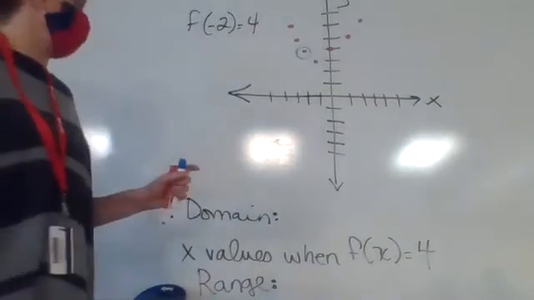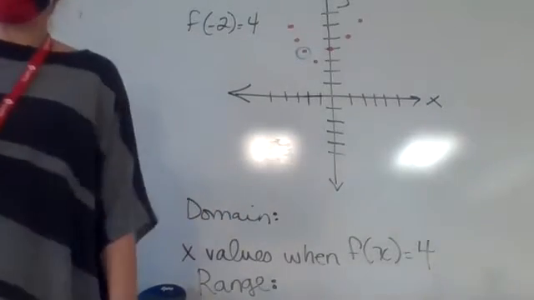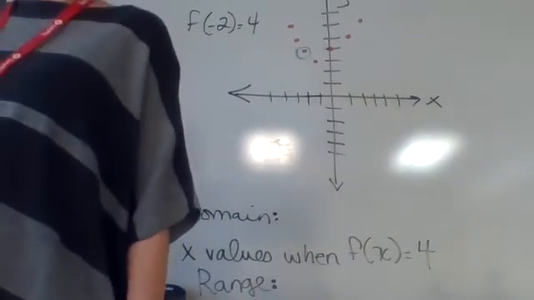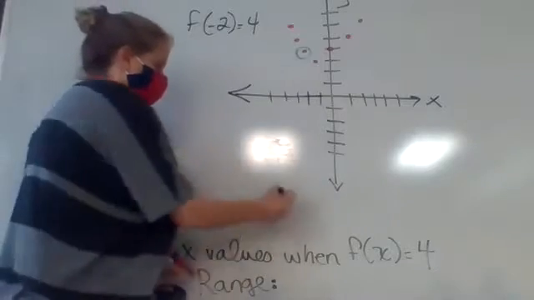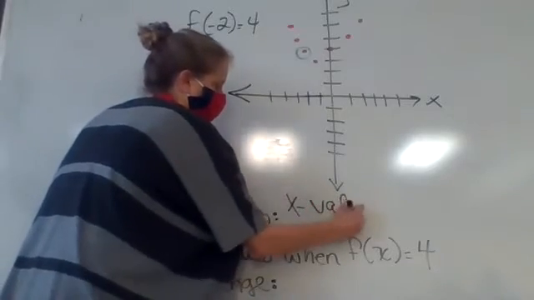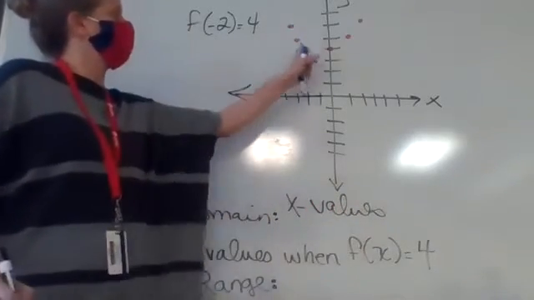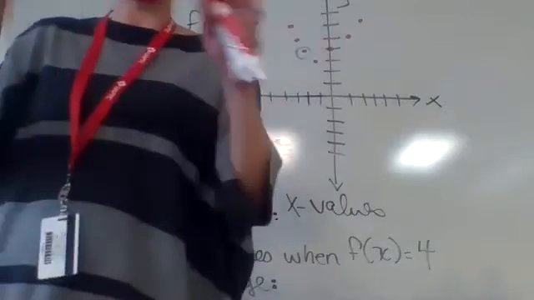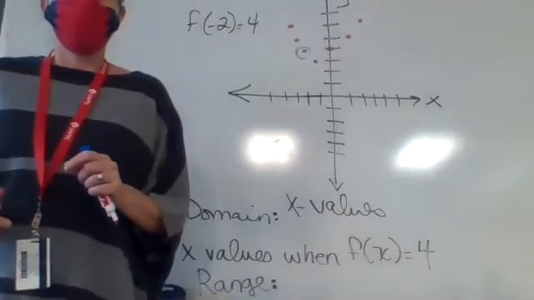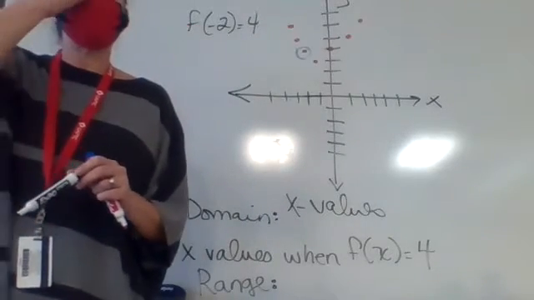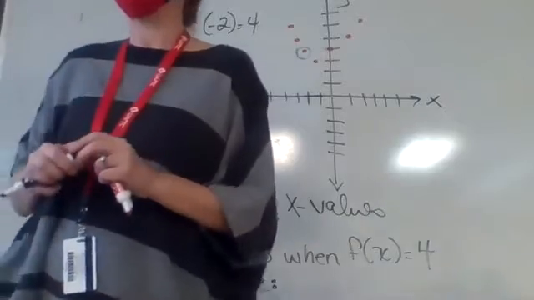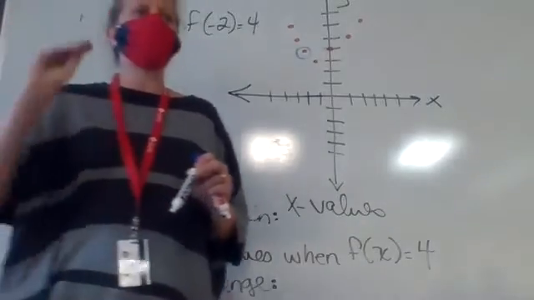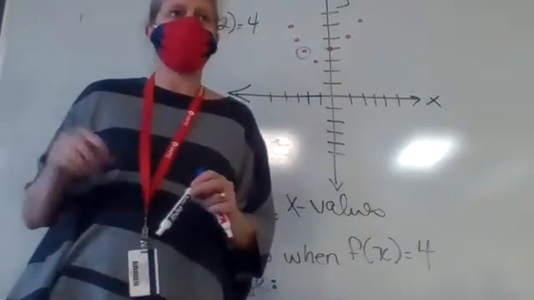The next part of this problem is going to be the domain of this graph. The domain is your x values. Since this is just several separate points, you're just going to go through and name all the x values of those points. Where does each one of those points line up with the x-axis?